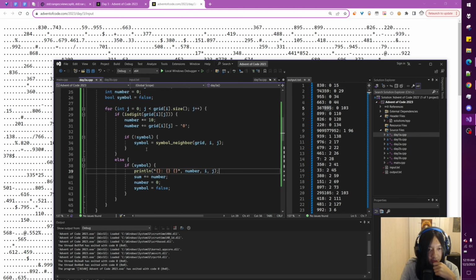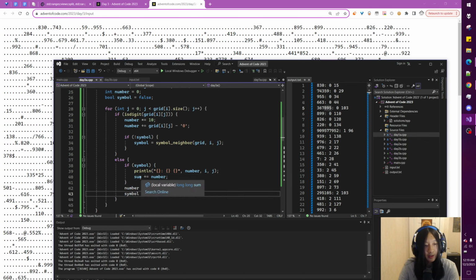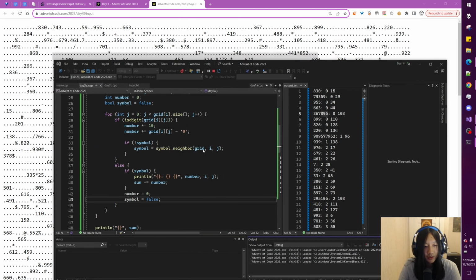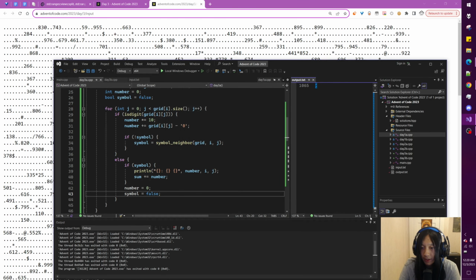So the conditions for resetting are too stringent. This condition should always happen. I believe that was the mistake. I was only resetting... yeah.